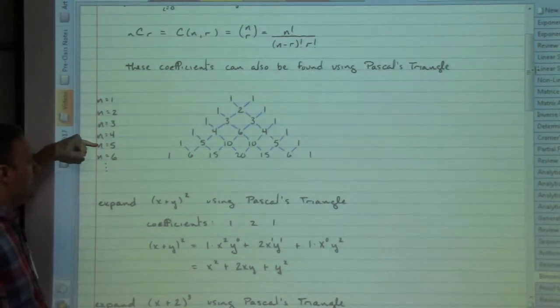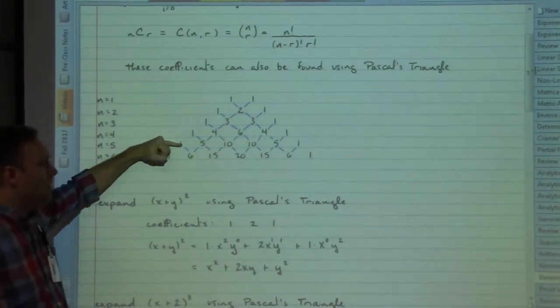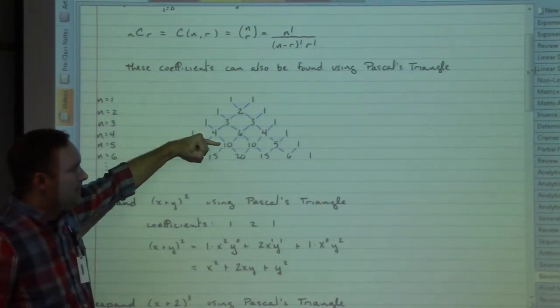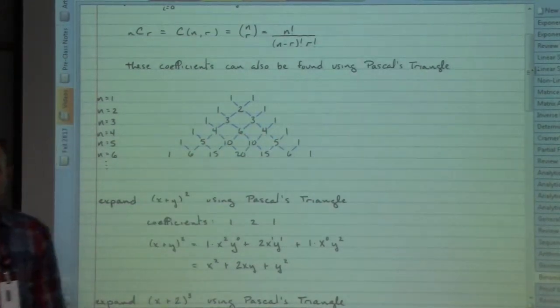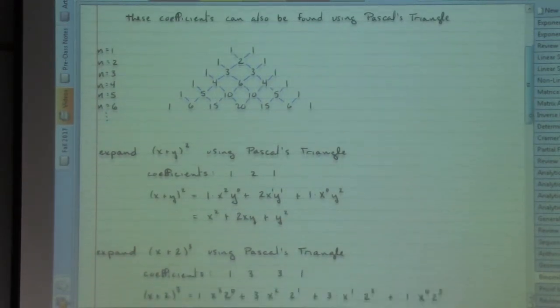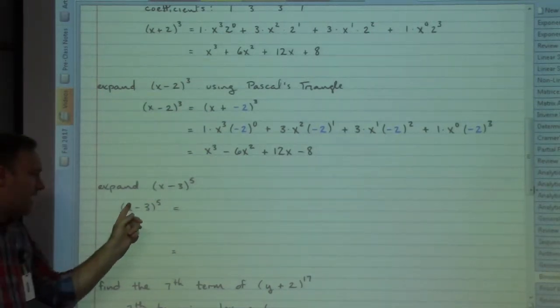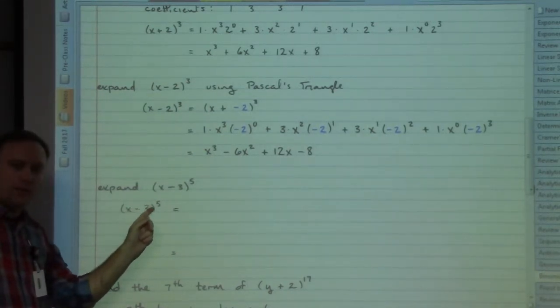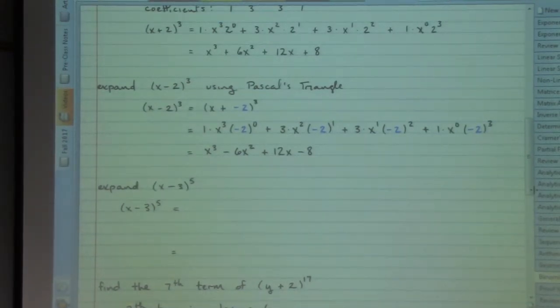When our power is a 5, our coefficients are 1, 5, 10, 10, 5, 1. So these are the coefficients that we're going to use for this very next example. And we're going to expand this whole thing. This has got that negative business that's showing up in there. So we're going to have that little tweak there.